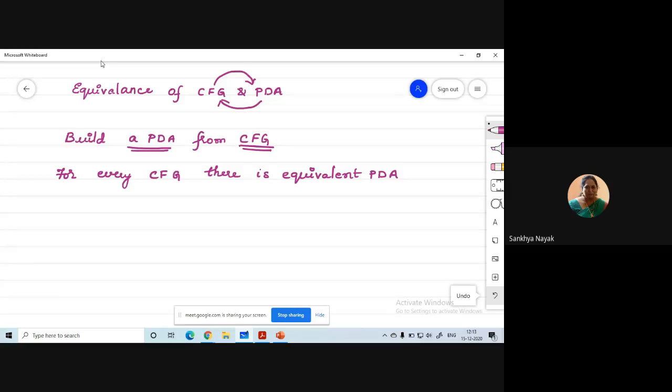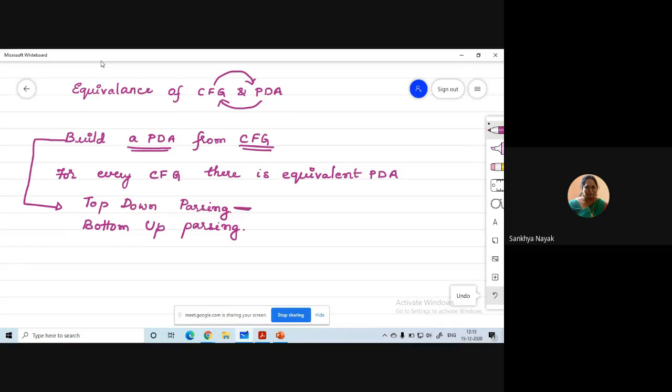There are two methods, of course, for building a PDA from CFG. One method is called top-down parsing, and the second method is called bottom-up parsing. Both are very simple.